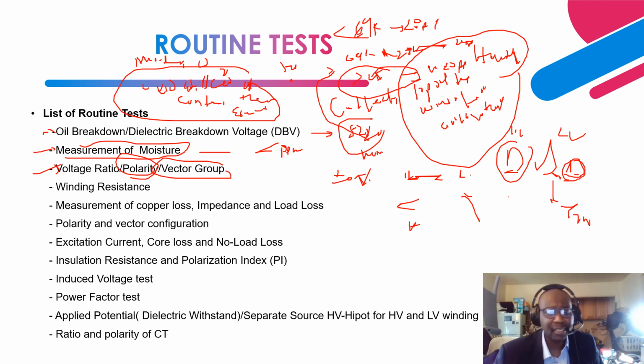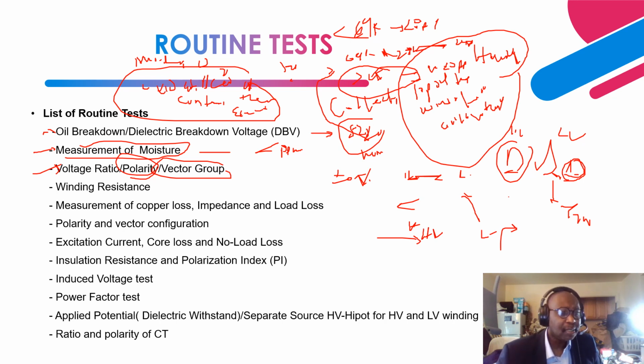In addition, the polarity determines the instantaneous direction of current flowing into the polarity and out of the polarity. The high voltage side is into the polarity and the low voltage side is out of the polarity. That is when we do this testing.